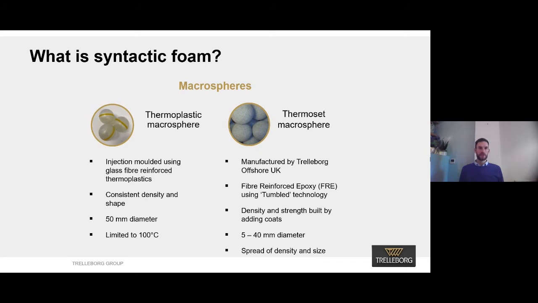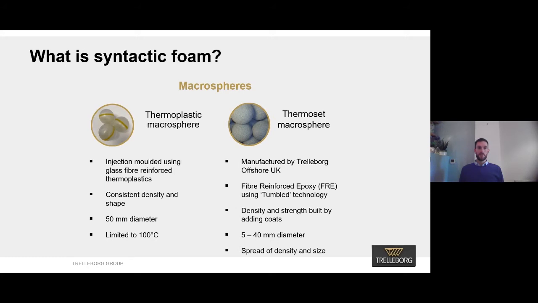The benefits of these are due to the injection molded nature. They're very precise in shape and density, and therefore they're perfect for an application in which we have a tight density tolerance. However, due to the nature of the polymer used, they're limited to 100 degrees centigrade, and therefore this needs to be kept in mind when designing a system or processing a system.